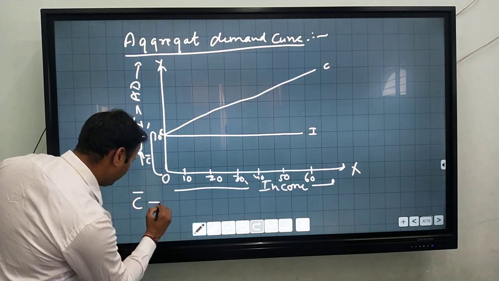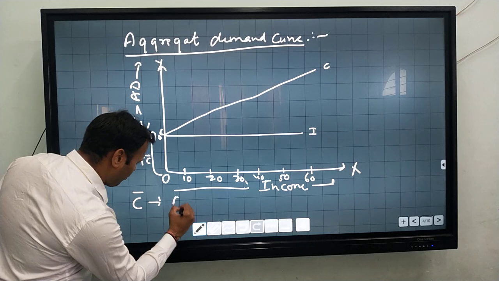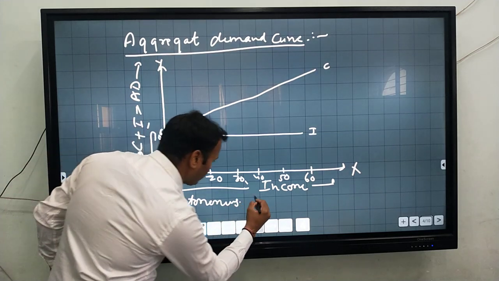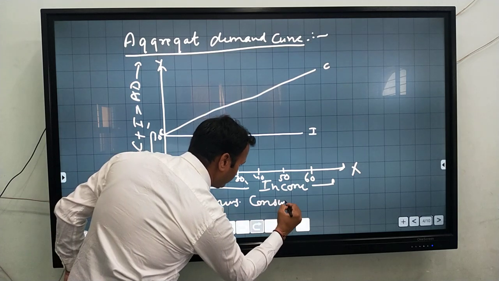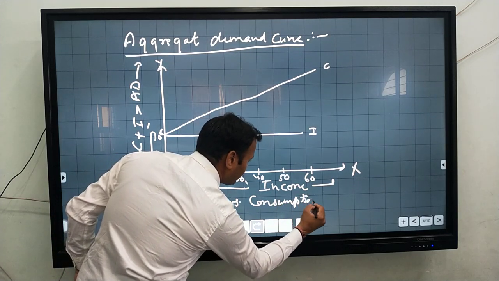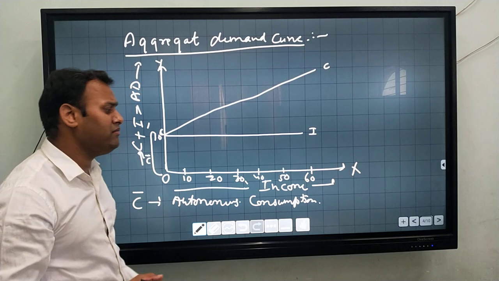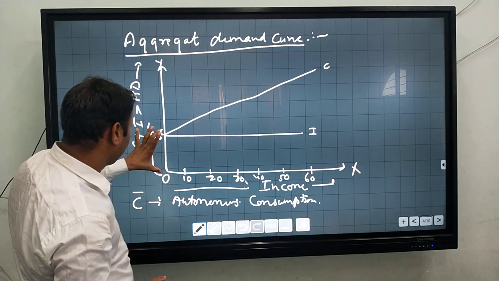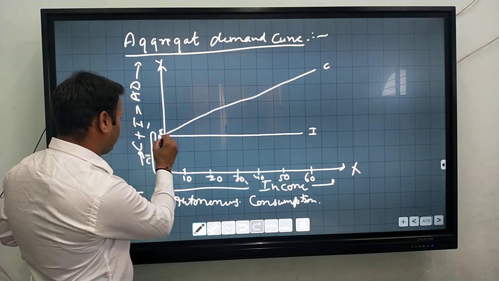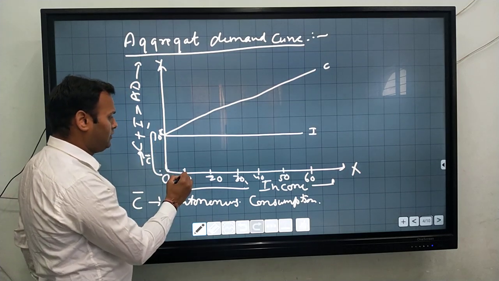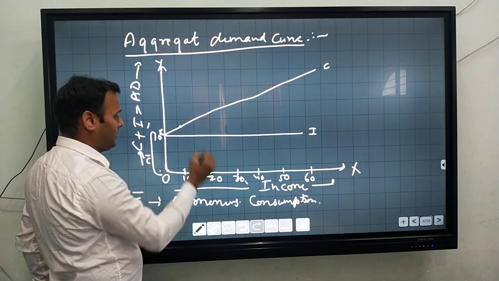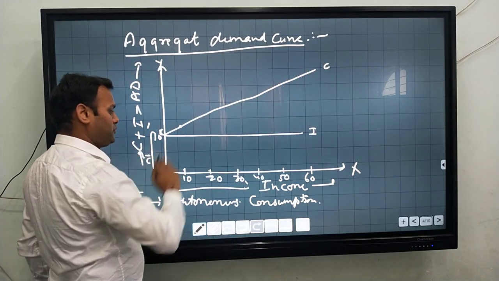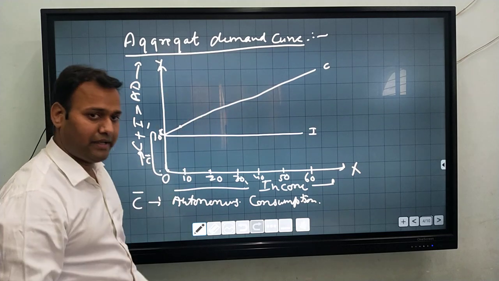You can write here C bar is autonomous consumption, the consumption when the income is 0. So income is 0, C is equal to C bar. So here the consumption is 10. When the income is 10, the consumption is 15. When the income is 20, this goes up. So as income increases, consumption also increases.